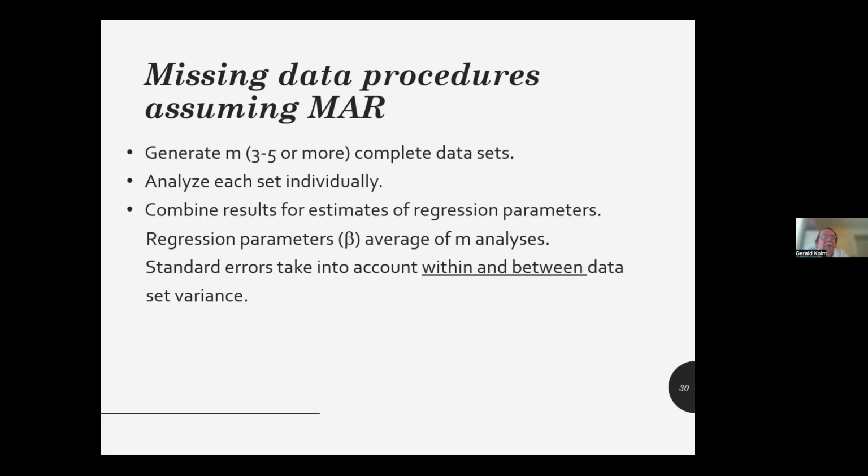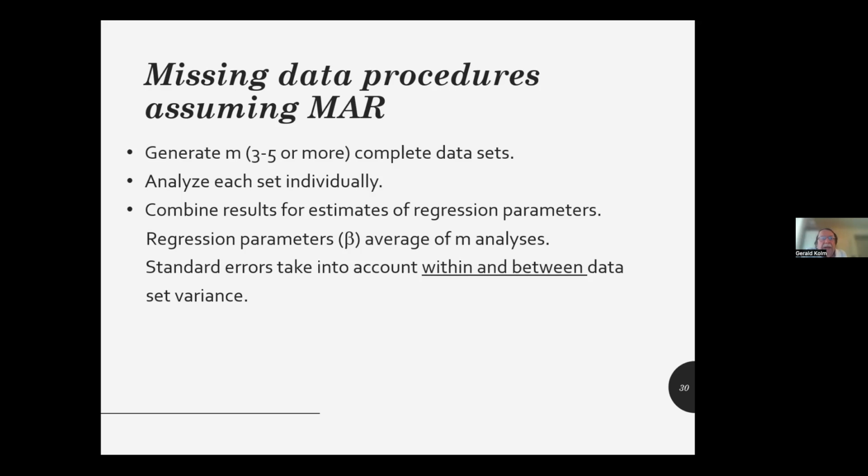Then what we do is we analyze whatever our analysis is, each set individually, and then we combine the results to get estimates of our regression parameters. Whether we're doing simple linear regression, or in this case, Cox proportional hazards regression, we just average each parameter over however many analyses we did.